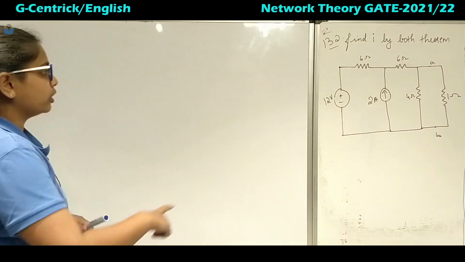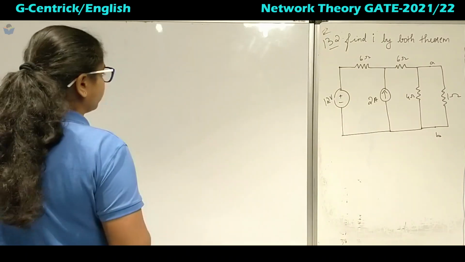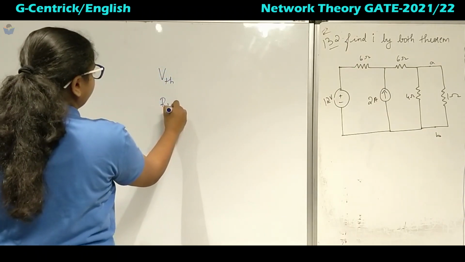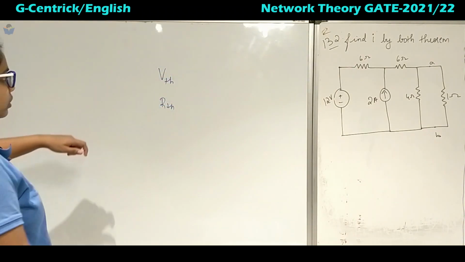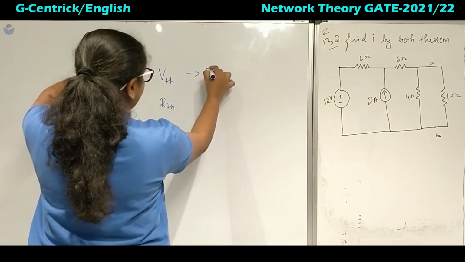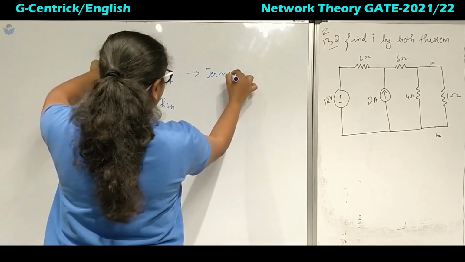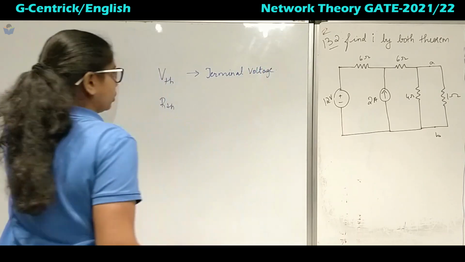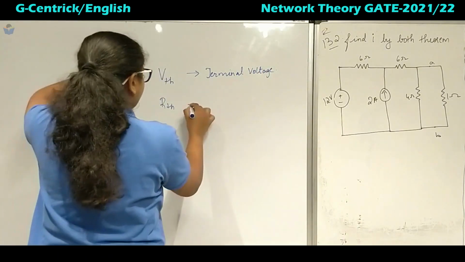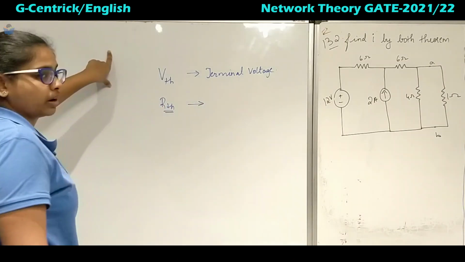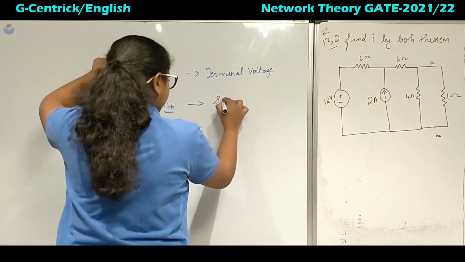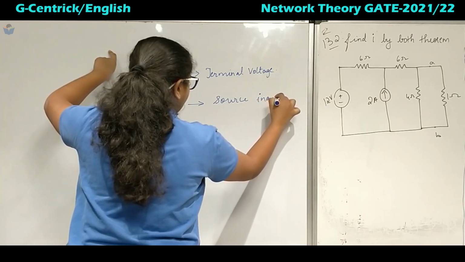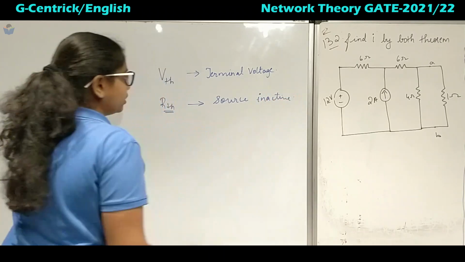Before going into this problem, we have seen VTH and RTH for the Thevenin theorem. This VTH is nothing but the terminal voltage, or you can also call it the open circuit voltage. When you have to calculate the value of RTH, you have to keep the sources inactive.